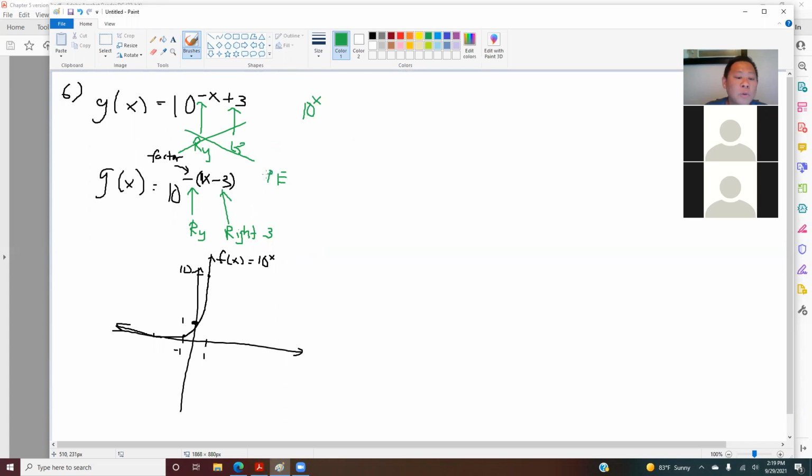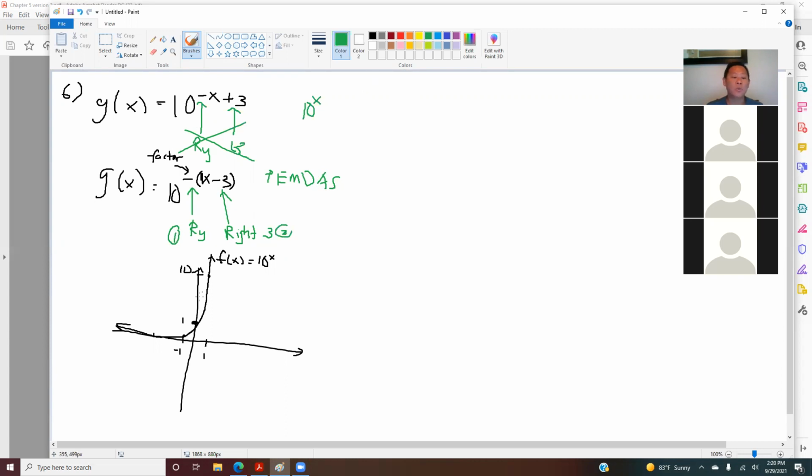Since they're all in the exponent, should we do the reflection first, or the right 3 first? Should we do the multiply first, or the add-subtract first? Multiply. So you need to do the right 3 first. All right, reflection first, sorry. Reflection on the y-axis first, followed by the right 3.